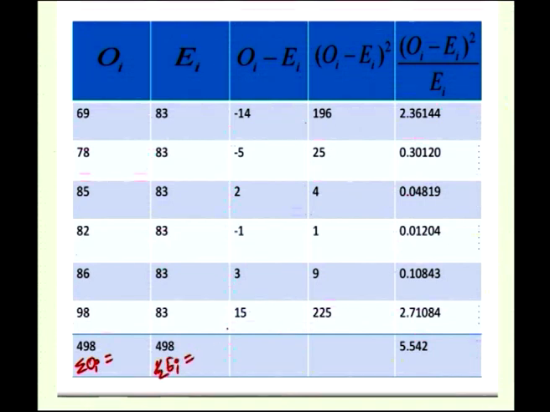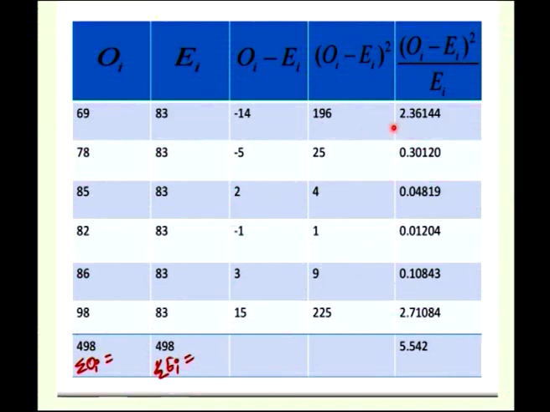Then OI minus EI, 69 minus 83 is minus 14, like that 78 minus 83 is minus 5, like that we have calculated this column OI minus EI. Then this particular column is formed using its squares. OI minus EI whole square is 196, 25, 4, 1 and then 9 and then 225. Then this particular column is formed as OI minus EI whole square divided by EI.